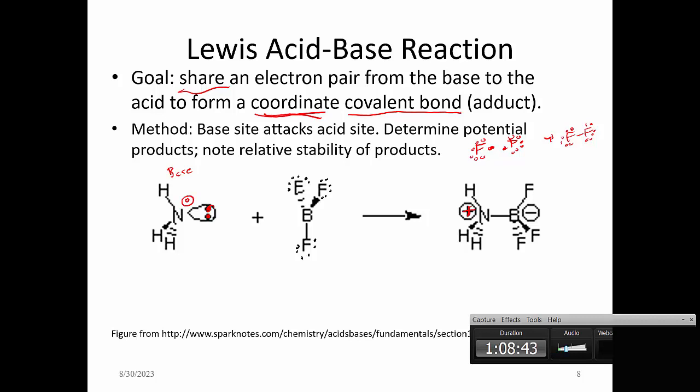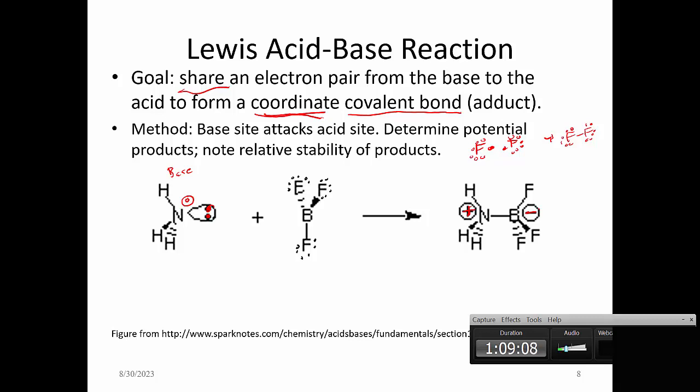Normally, we don't write 0 formal charges, but that's what it would be. And then essentially, boron is gaining that electron. So if boron gains an electron, it ends up with a negative formal charge here. And so that's the whole thing about the coordinate covalent bond. Both bonding electrons come from 1 species. We end up with this.